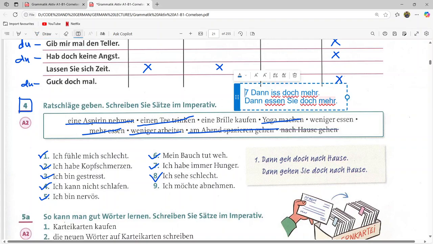So what I can say is: then buy glasses. So "Dann kauf doch eine Brille." Or in the Sie form we can say "Dann kaufen Sie doch eine Brille."